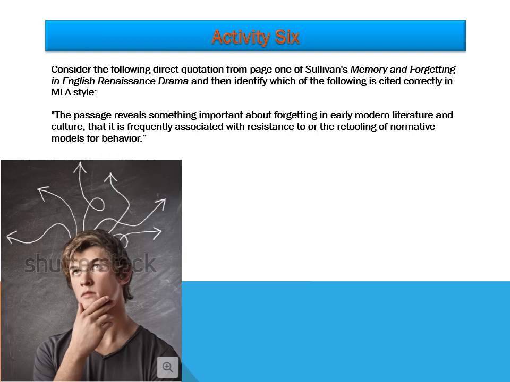I'm going to read the original quote. The passage reveals something important about forgetting in early modern literature and culture, that it's frequently associated with resistance to or the retooling of normative models of behavior.